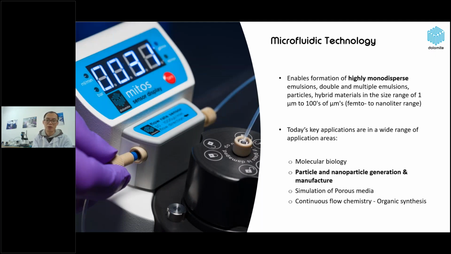As we already learned in the previous session, we have learned about microfluidic technologies and the key application areas of microfluidic technologies. They include molecular biology, particle and nanoparticle generation and manufacture, simulation of porous media, or continuous flow chemistry and organic synthesis. So it is a very wide-ranging application area.